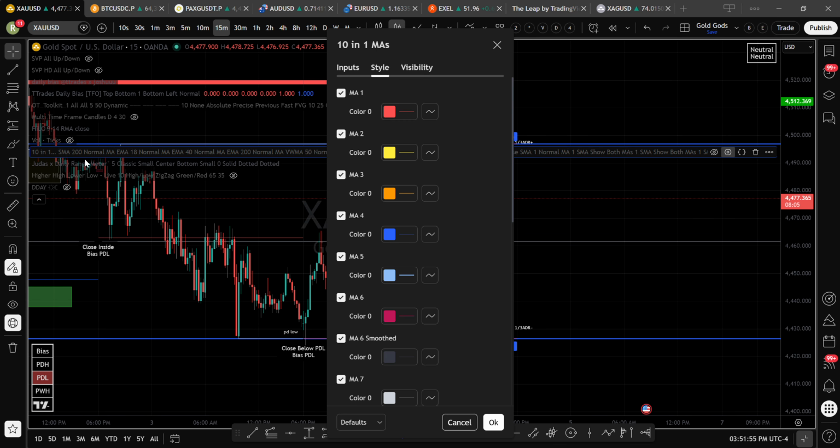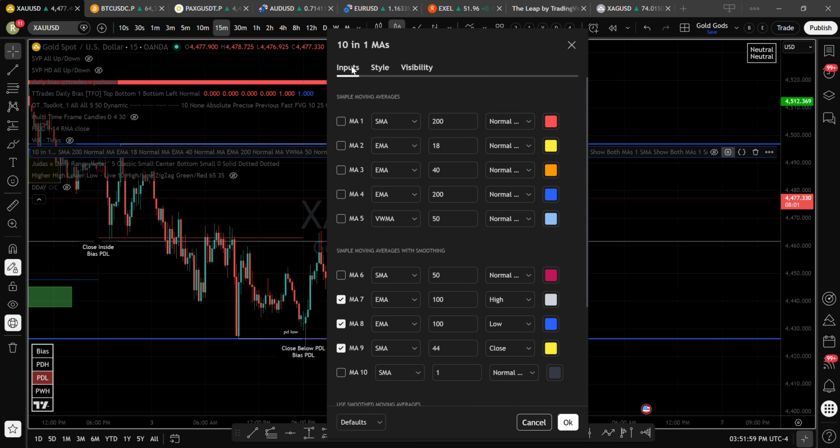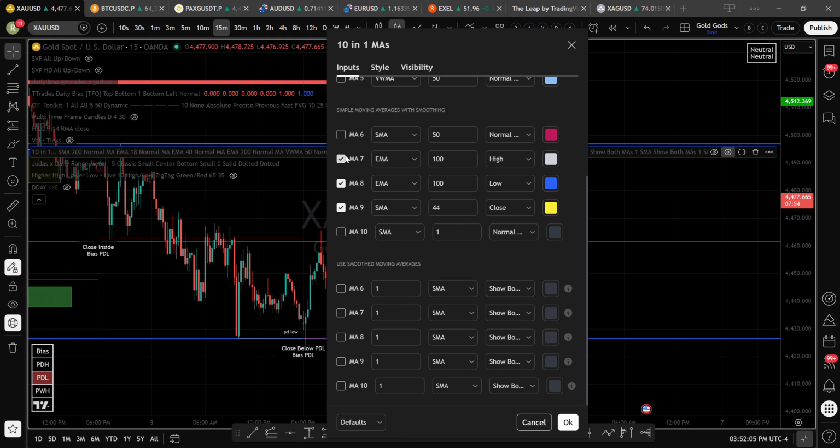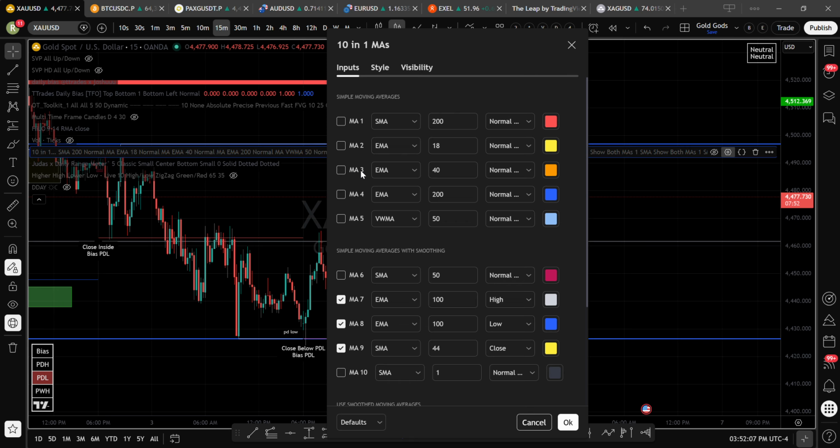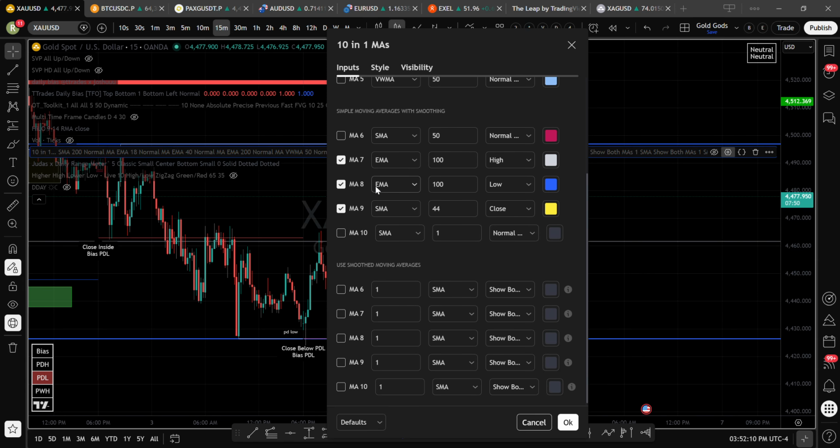In case I haven't showed this before, we go to cogwheels, we're going to go to inputs, right? Inputs, we're going to put the check in the box. It can be up here at the top. It could be 1, 2, 3. I just have them down here, 7, 8, 9, for whatever reason. Okay, so put the check in the box.